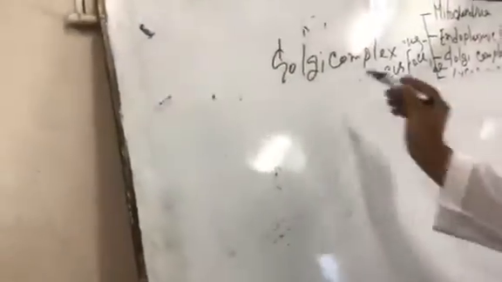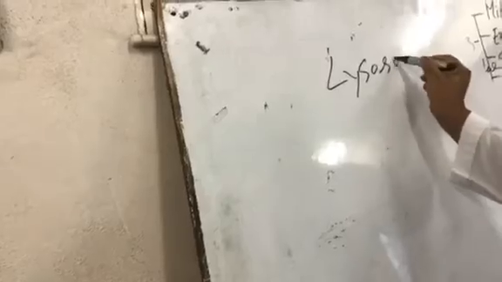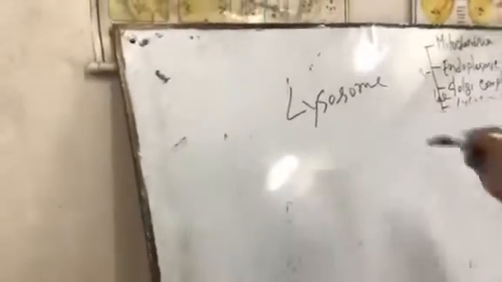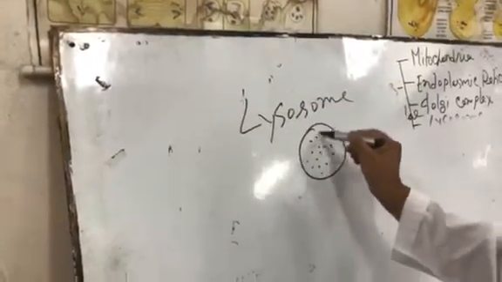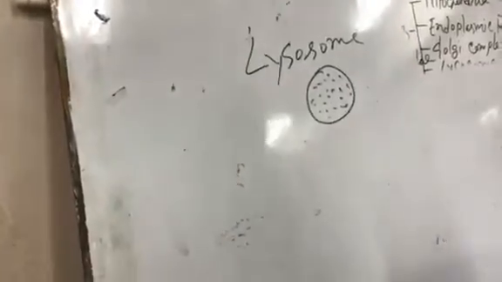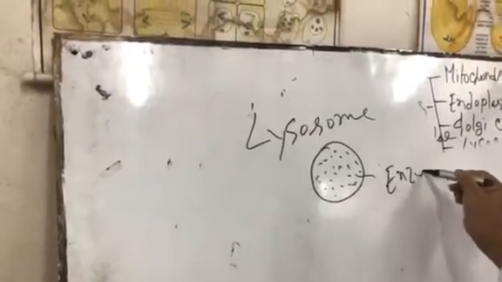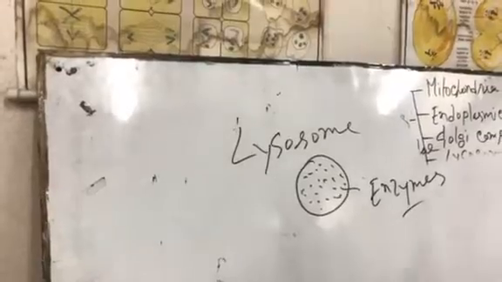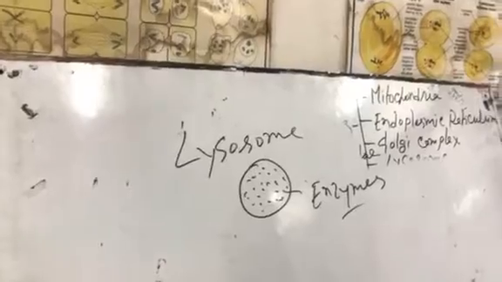Next, lysosome. Lysosomes are single membrane-bound organelles. They are almost rounded or oval in structure, and inside them different types of enzymes are present.